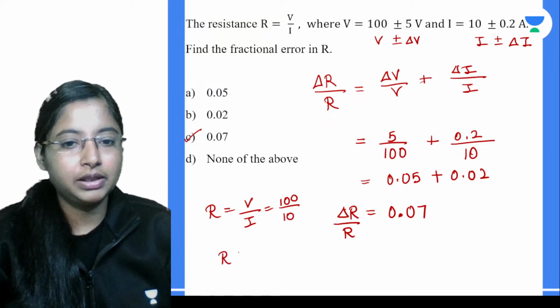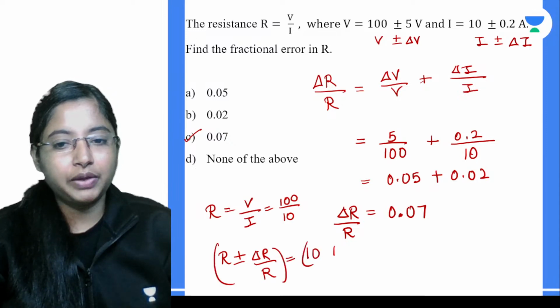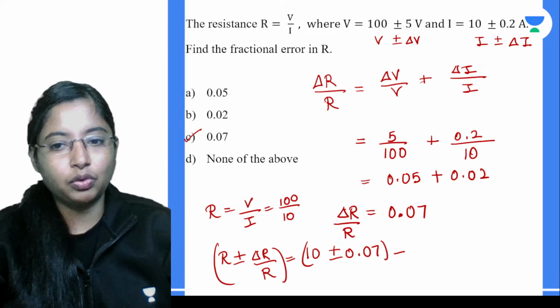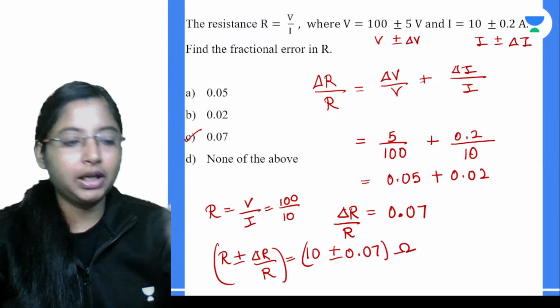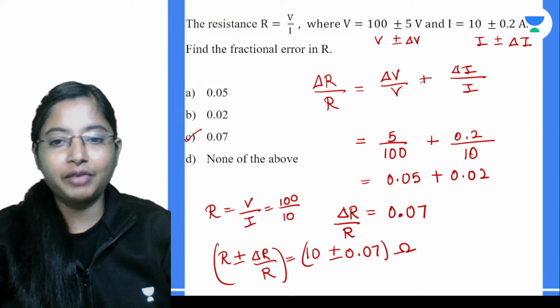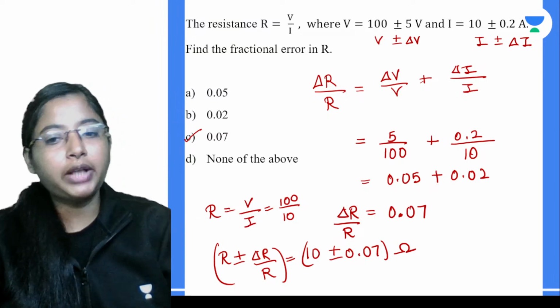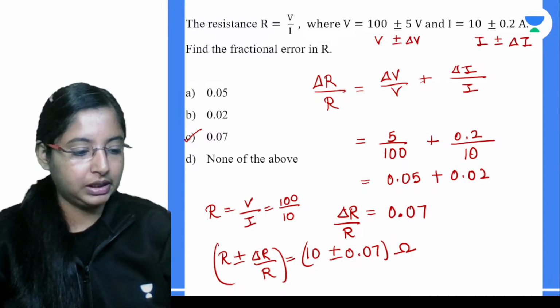So the resistance, with its error, will be 10 plus or minus 0.07 ohms. So in terms of the range, it could be somewhere from 9.93 to 10.07 ohms. That will be the range in which the 10 ohm resistor would work.